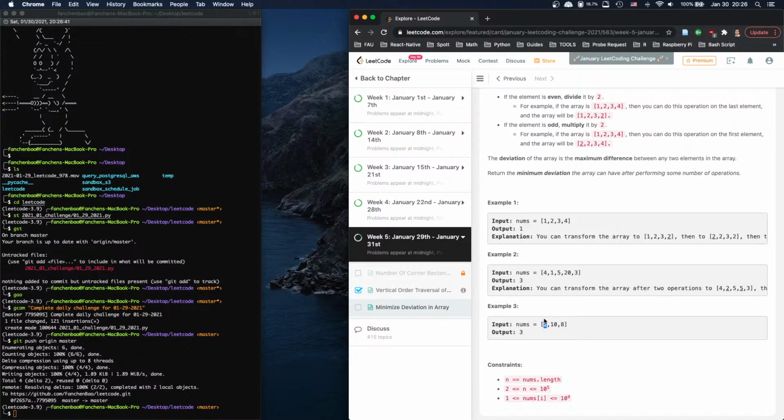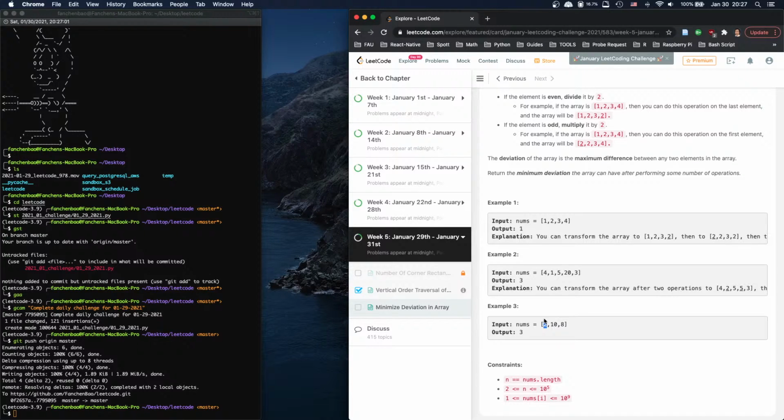So the odd number only has 2 ways to go, right? If it's an odd number, we multiply by 2, and then there's nothing more we can do, because it becomes an even number, and the only thing we can do is divide it by 2 and go back to the original.